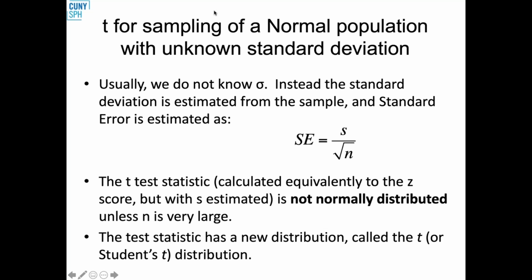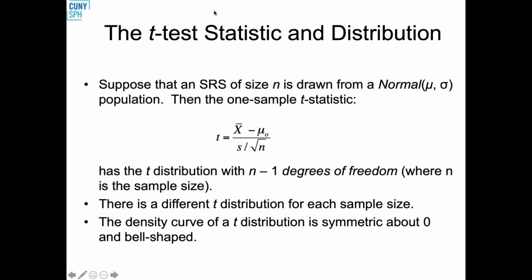And so the standard error we're going to calculate as being equal to the standard deviation over the square root of n. And assuming that a sample is drawn from a normally distributed population, the formula for the t-test is x bar minus the mean that we're comparing it to, over the standard error.